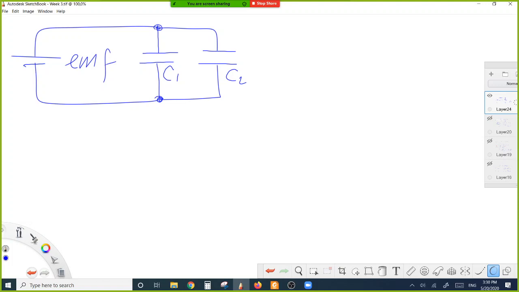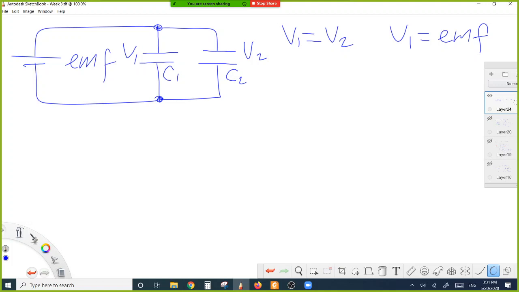Voltage across first capacitor is V1, voltage across second capacitor is V2. So from the picture we can say that as capacitors are connected in parallel, V1 is equal to V2, and from the other side we can see that V1 is equal to electric motive force, and we find that voltage across both capacitors are equal and equal to electric motive force.